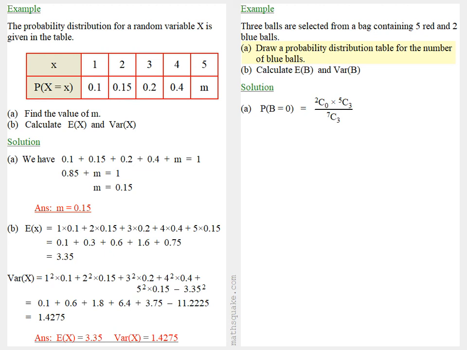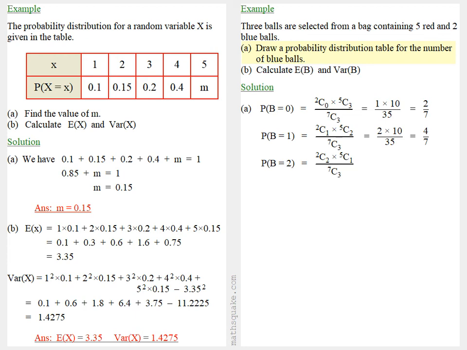So that's 2C0 times 5C3 over, and in total we're selecting 3 balls out of 7, so that's 7C3, which gives us 1 times 10 over 35, or 2 over 7. Now to get 1 blue ball, we've got to select 1 out of 2 blue balls and 2 out of 5 red balls. So that's 2C1 times 5C2 over 7C3, which is 2 times 10 over 35, which cancels to 4 over 7.